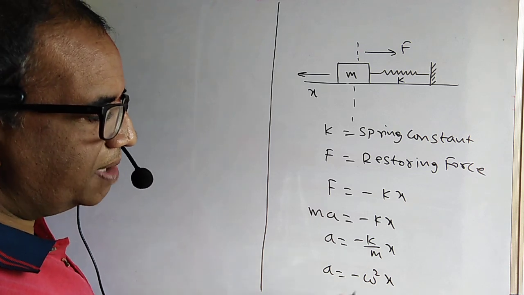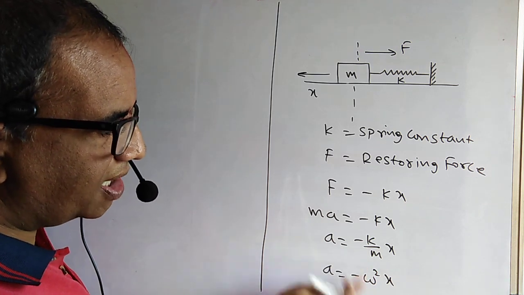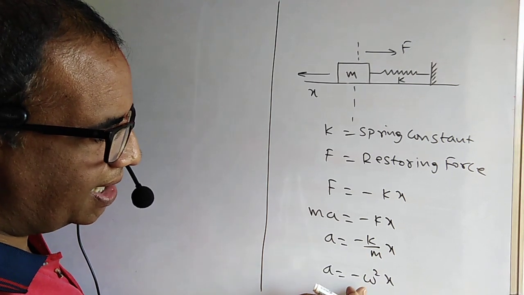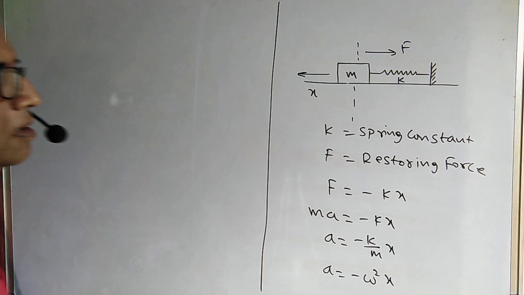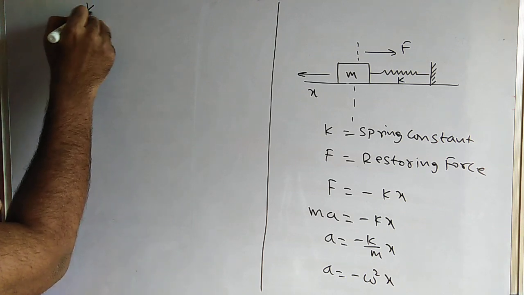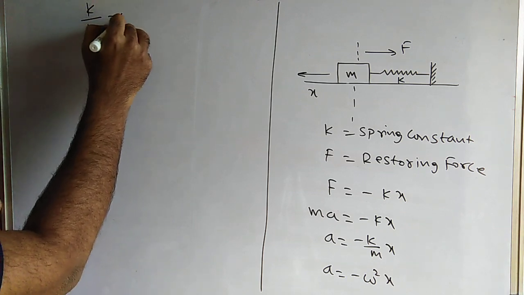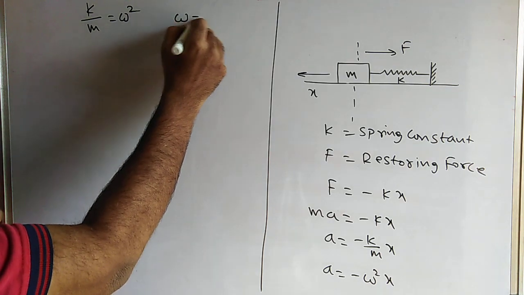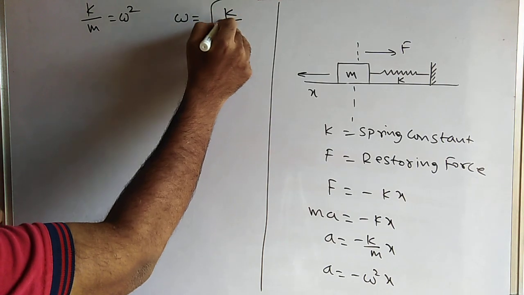If you observe carefully, in the place of k by m I can write omega square. So k by m is nothing but omega square, therefore omega equals root over k by m.